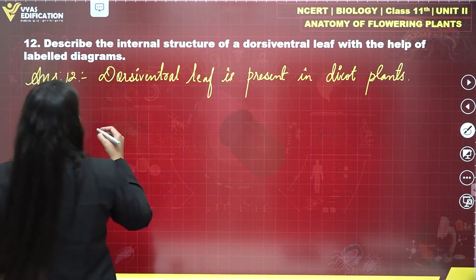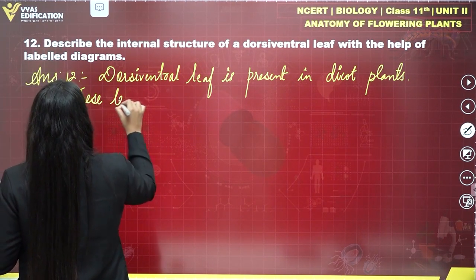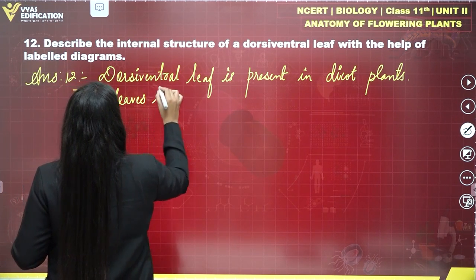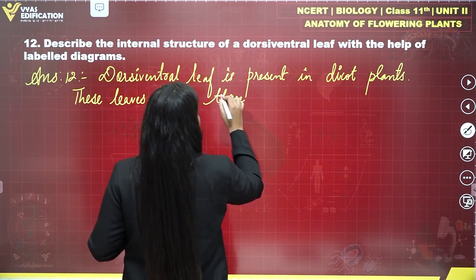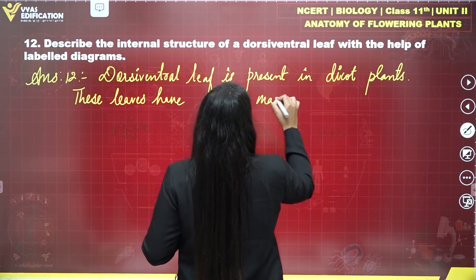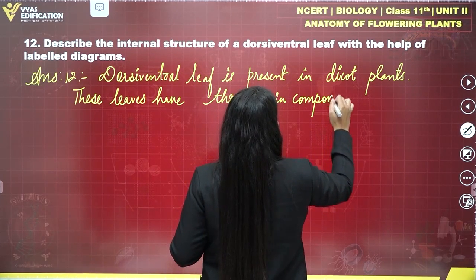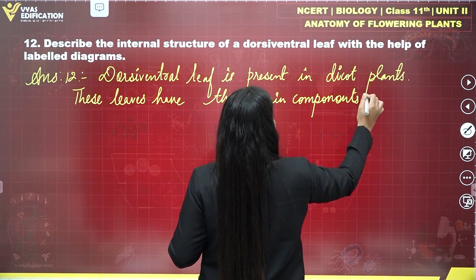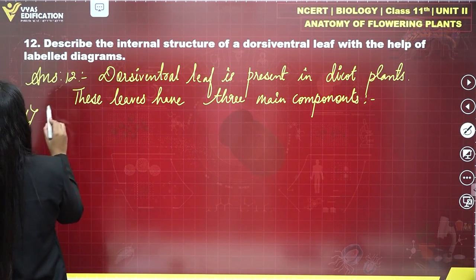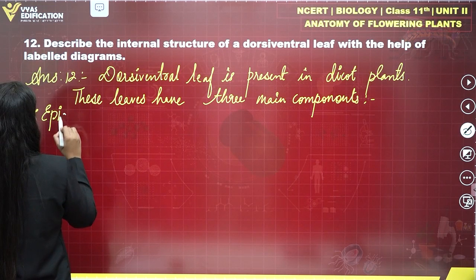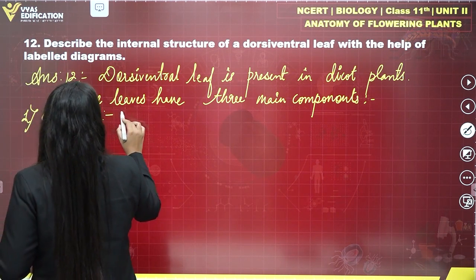Now let's discuss the internal structure. These leaves have three main components. First is the epidermis.